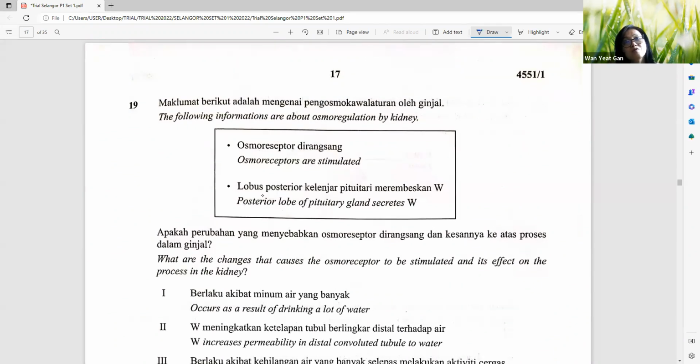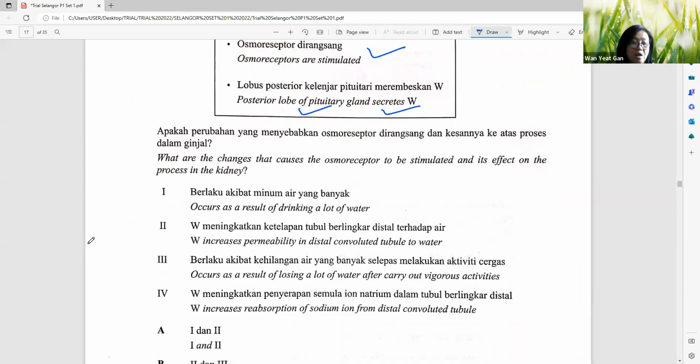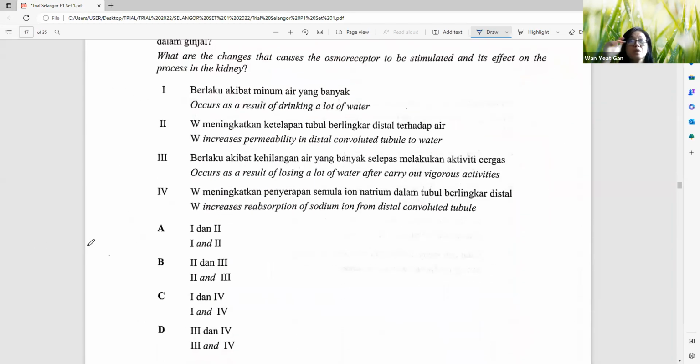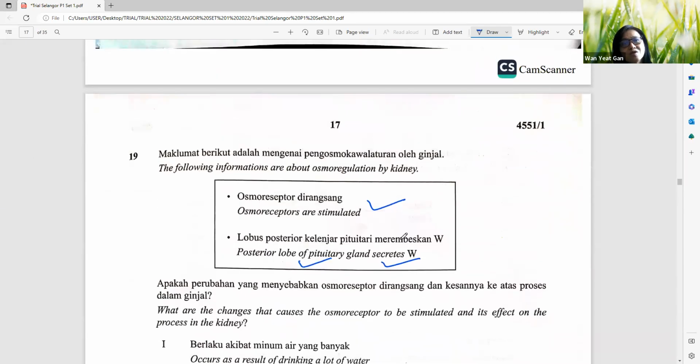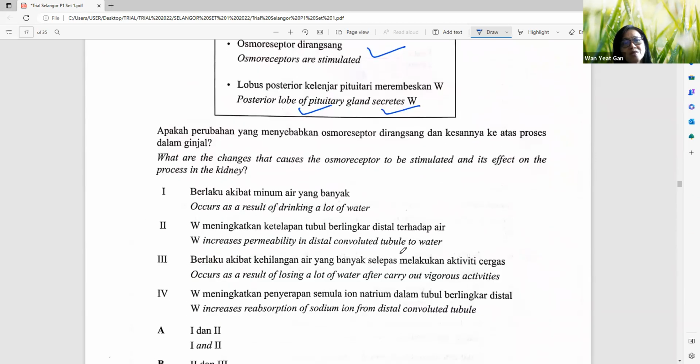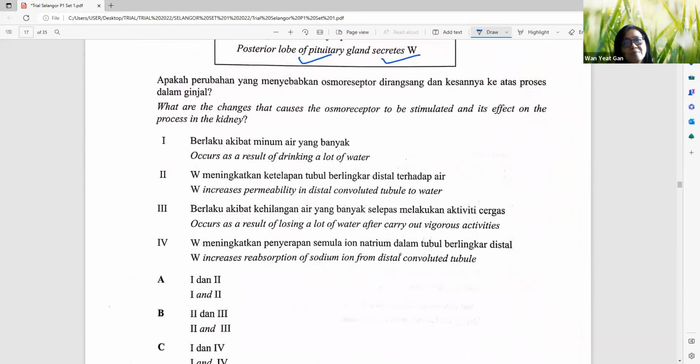So it's stimulated and then the posterior lobe secretes W, which is ADH. W, the hormone ADH, will increase the permeability of the distal convoluted tubule to water.